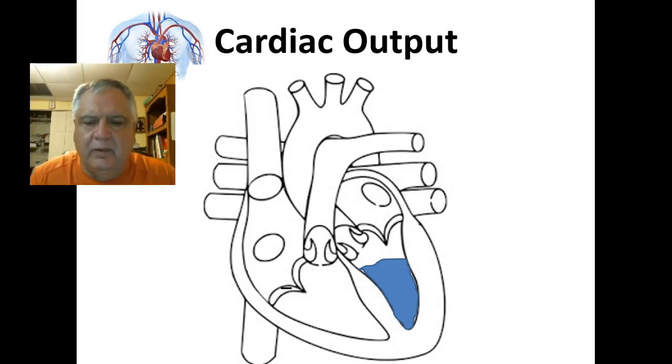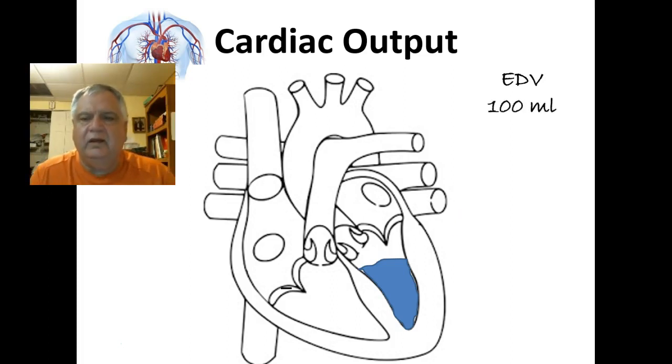So there's the amount of blood. Let's say that amount of blood is 100 milliliters of blood that has filled that left ventricle. So that 100 milliliters of blood would be referred to as the EDV. That's going to be the volume of blood that's here in the left ventricle the instant before the left ventricle contracts or goes into systole.